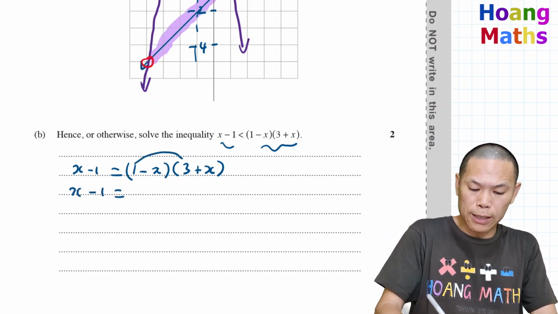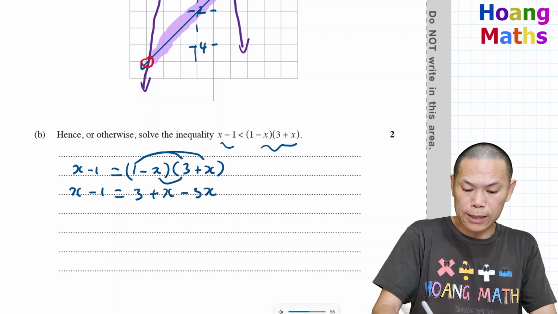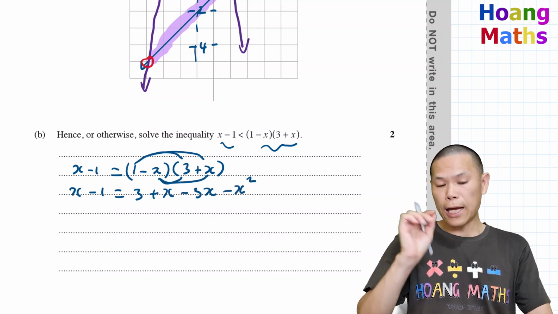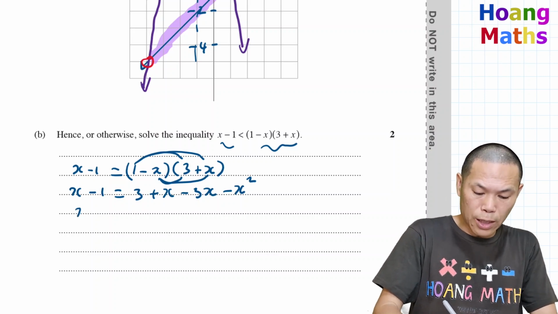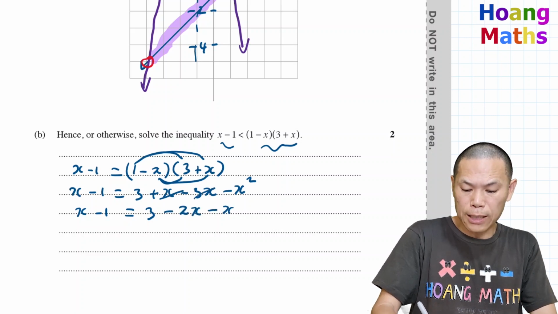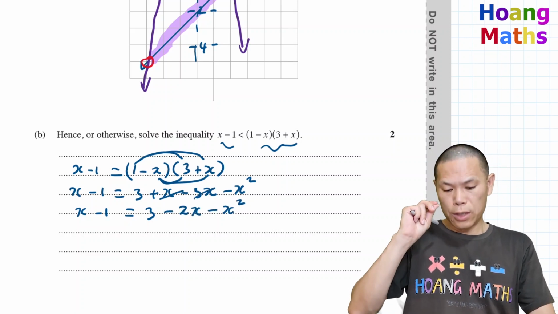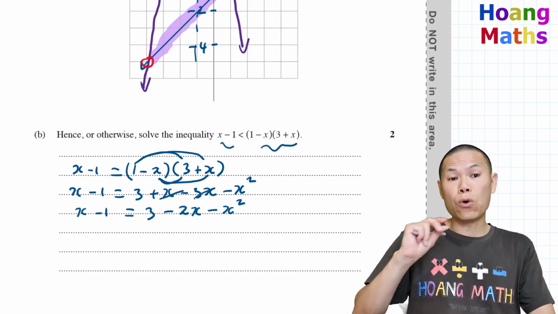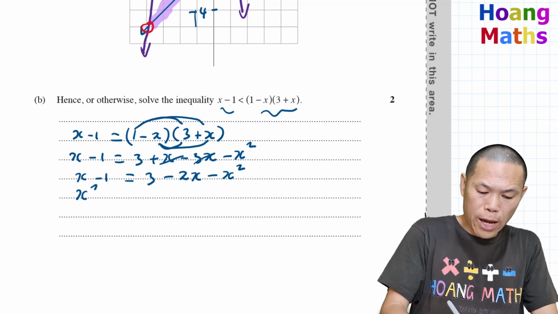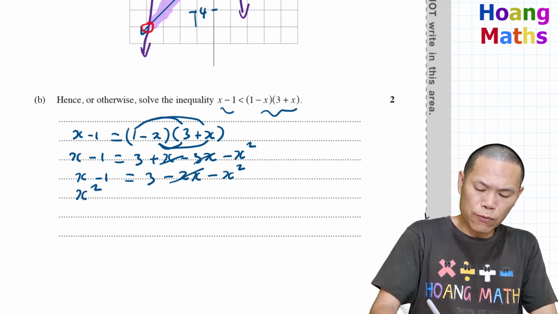So we just expand this, gives me 3, expand this, gives me x, and expand this, gives you minus 3x, and this gives me negative x squared. So I just collect like terms. So x minus 1 equals 3, this gives me negative 2x, and then minus x squared. And I move everything to this side. So that will give me x squared, and these two move to this side.